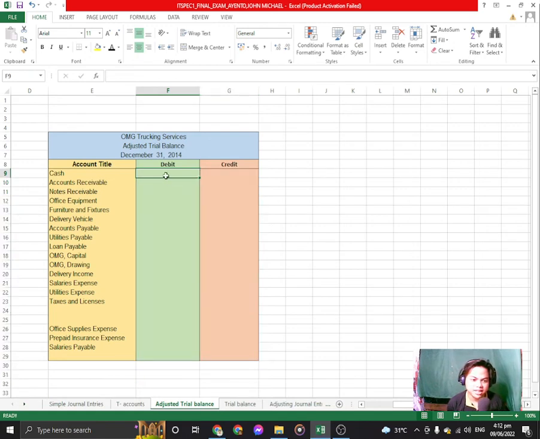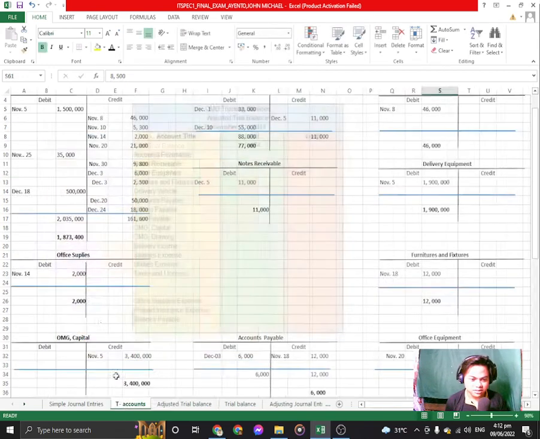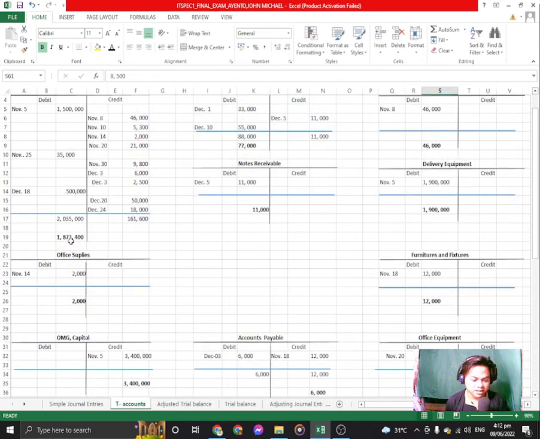Okay? For the debit, una na to ang cash. Pila to ang cash na to kaganina. We have 1,874,000. Atong total kung total tanan. Na wrong ko, kada lang calculator jud.